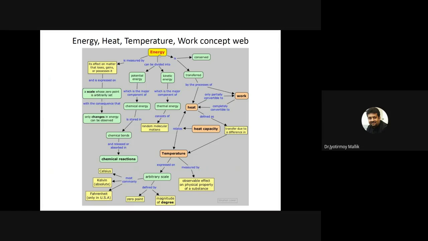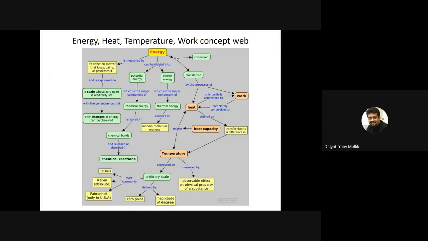Energy can be divided into two parts: potential energy and kinetic energy. Potential energy, which is the major component of chemical energy, is stored in chemical bonds and released or absorbed in chemical reactions. I don't have to emphasize what it exactly means because you have studied chemistry from high school.